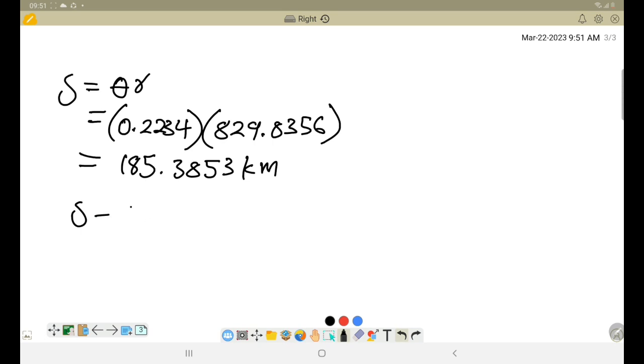So to find how much further, we just have to say S minus AB is equal to how much further.